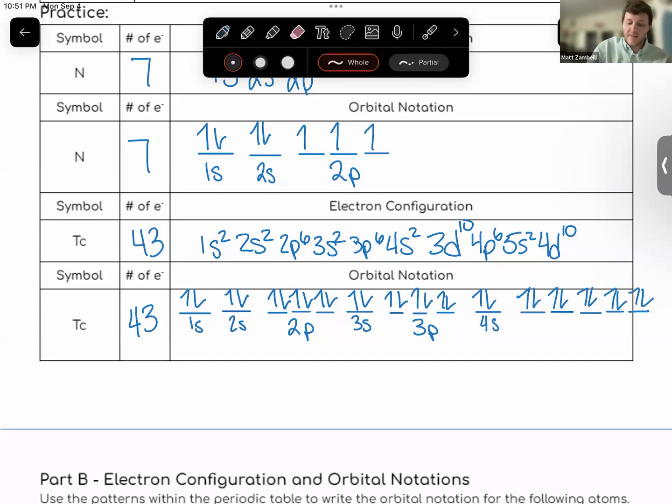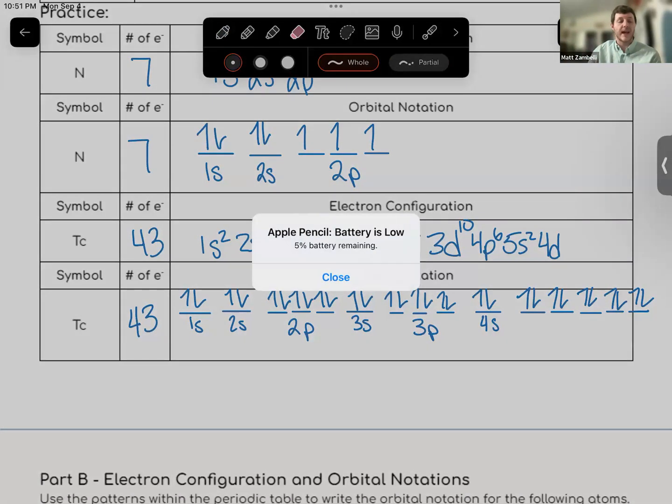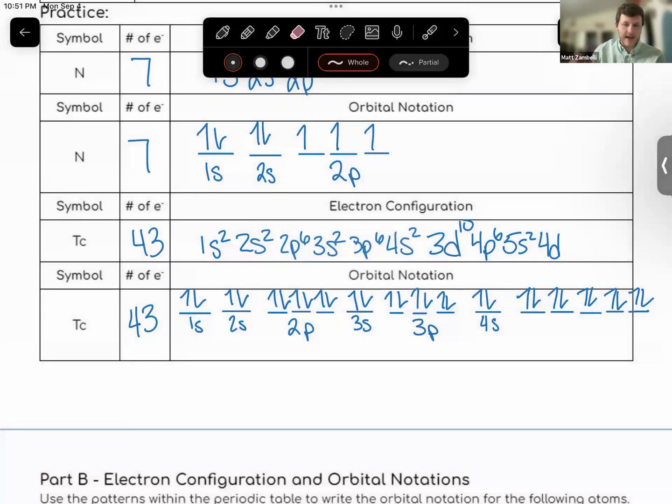And I just realized I made a huge mistake. So go back real quick. It shouldn't be 4d10 because that would be all the way at the end. If you look, it's actually only at 5. So it should be 4d5. I apologize. It should be 5. And that was 3d10.